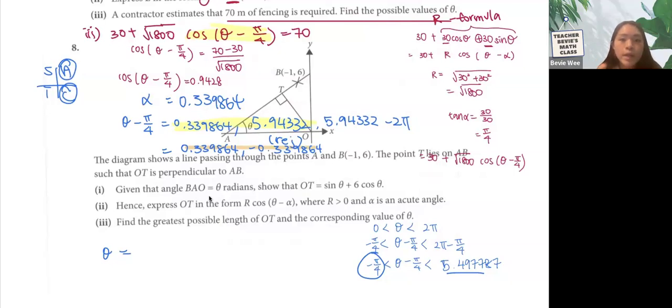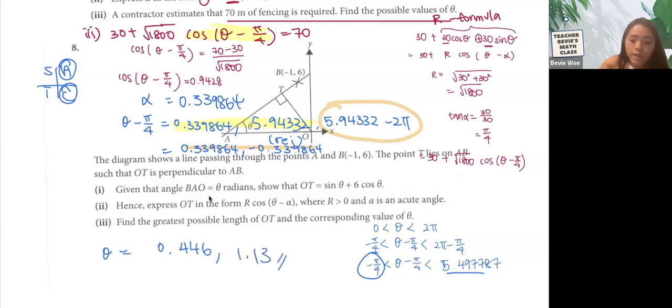Very good, Athalie. But your second one is only 2 dp or 2 SF, because the first 0 is counted as non-significant. Okay, very good. Well done. Athalie, you understand where this came from? Yes, we go backwards one round. We just press our calculator and we should get 0.446 and 1.13. These two are my theta.